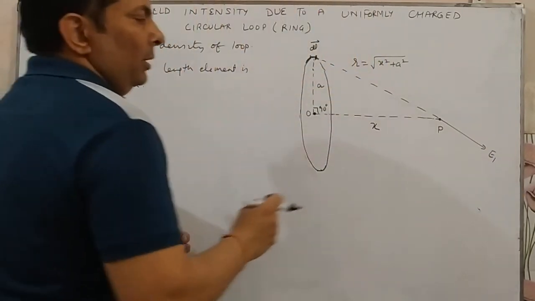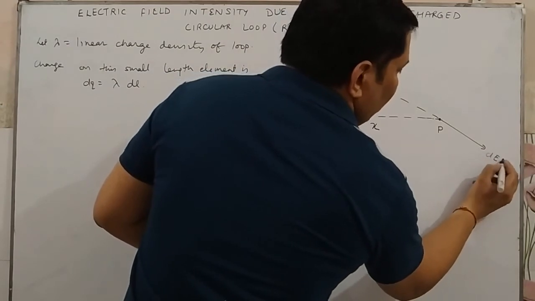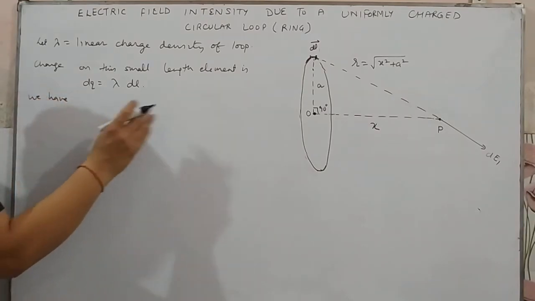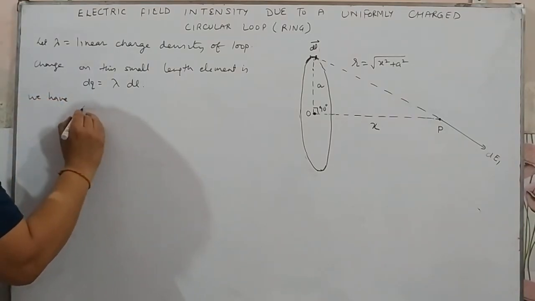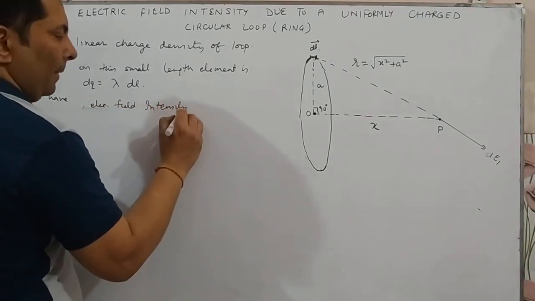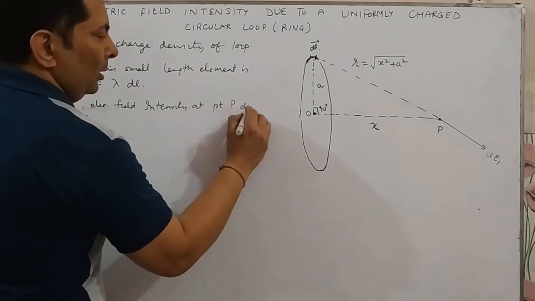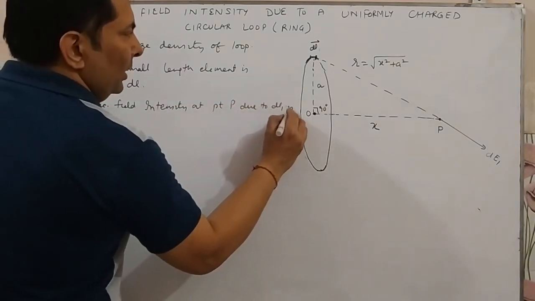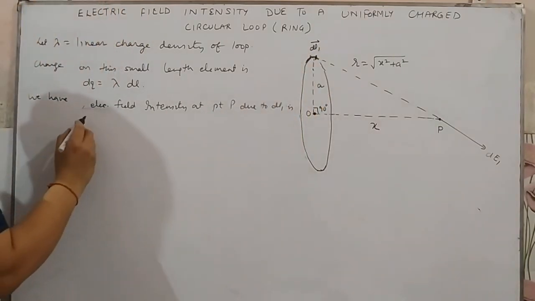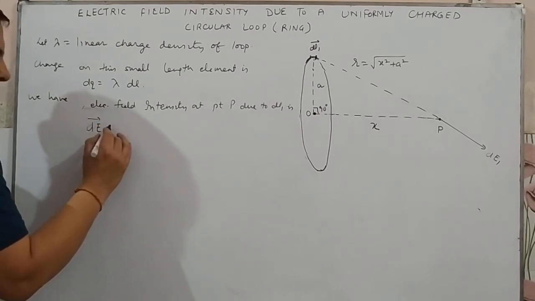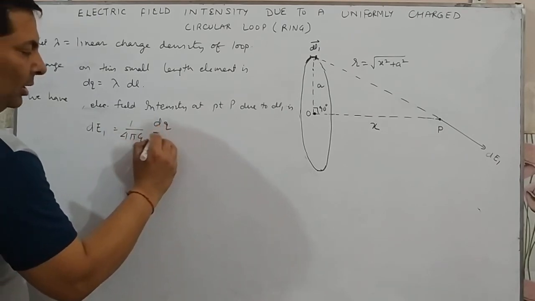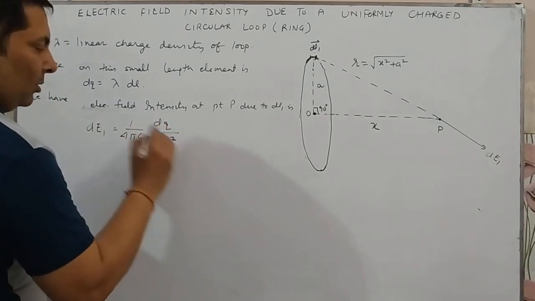Okay. Right. It's not dE, this is dE1 because it's due to length element. So we have dE1, that is electric field intensity at point P due to dl1, is 1 upon 4 pi epsilon naught, charge required is dq, distance is r square.